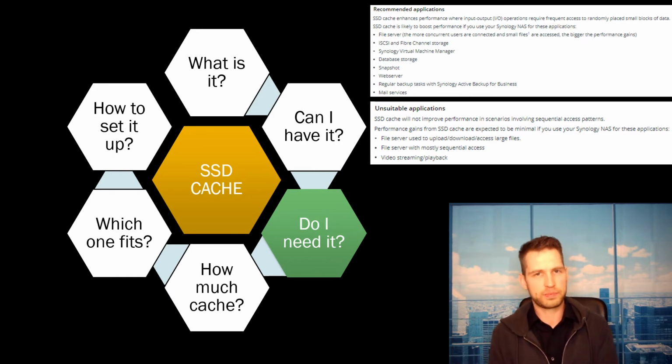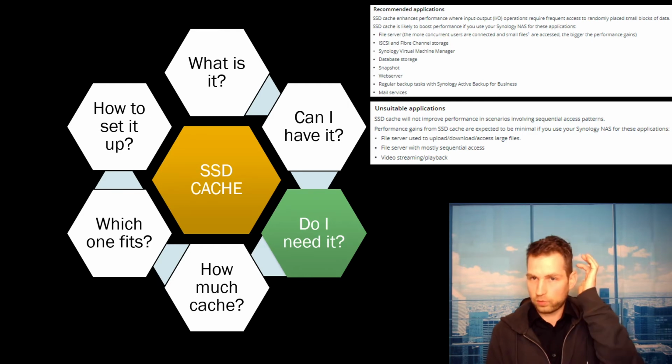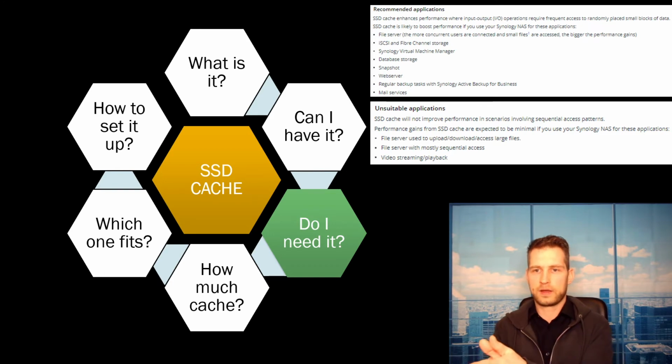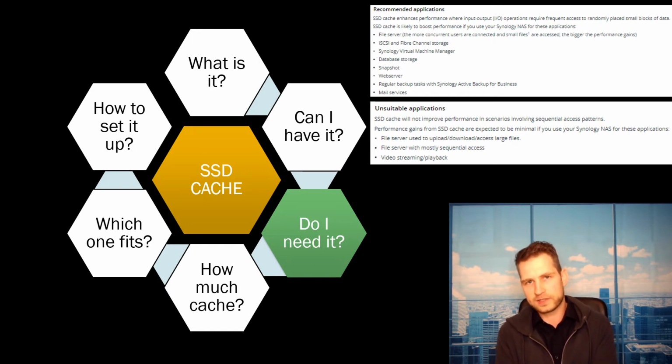If you have a database server or a website with a database, it's also the same thing. People will be accessing the same data all the time from your database, so if it's living on the cache as well, it will benefit and boost the performance massively. Also if you're enabling snapshots, and regular backup tasks with Synology Active Backup for Business, that's also the thing, because with this repetitious data, when it's the same data, it's better if it's using cache.